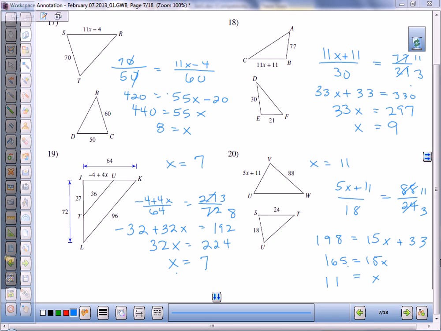So I'll put it with the longest piece of data I have on the other triangle, the longest side. So I'm looking and going long with long, short over short. So I said the short side, the 70 would go with the 50, the x minus 4 with the 60, and then you have a proportion.